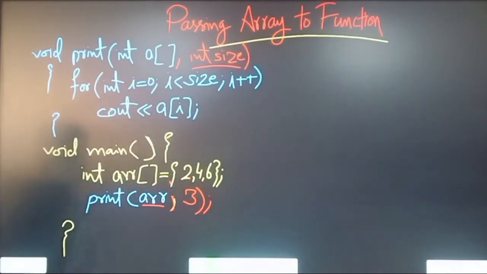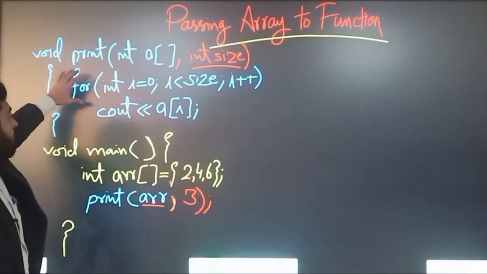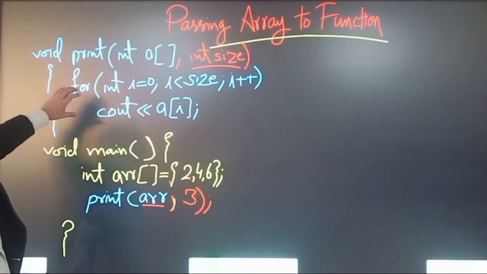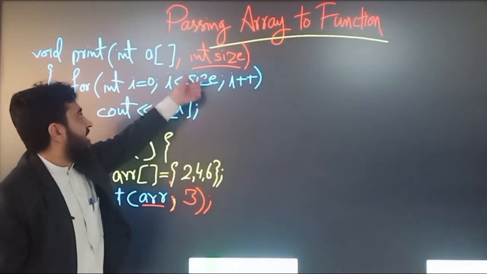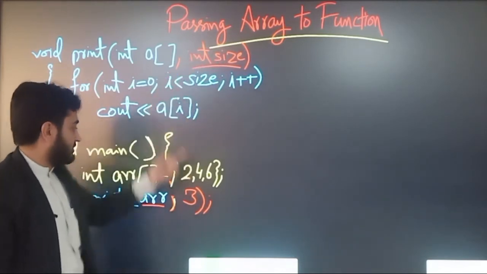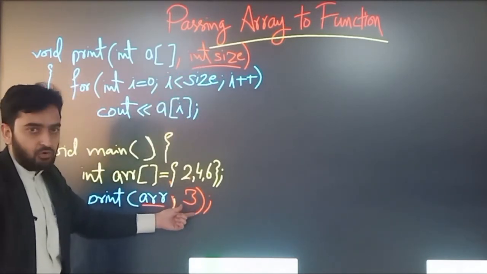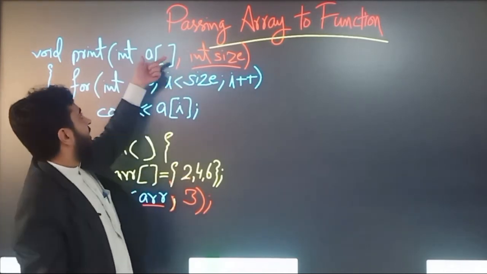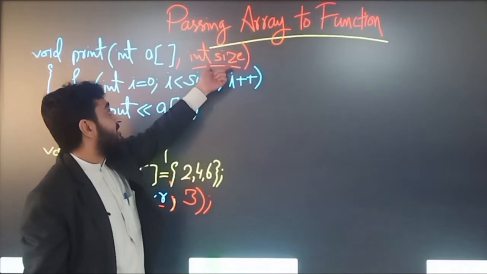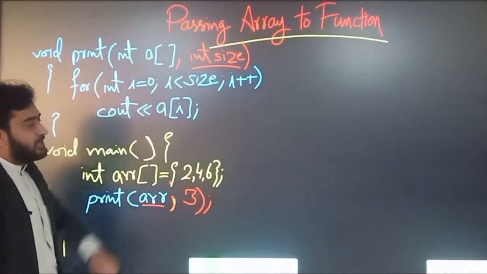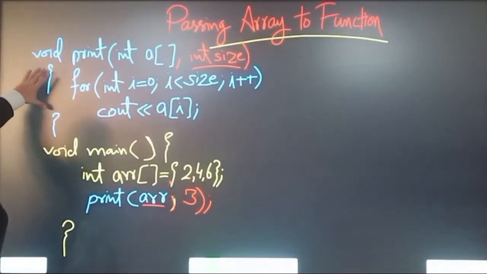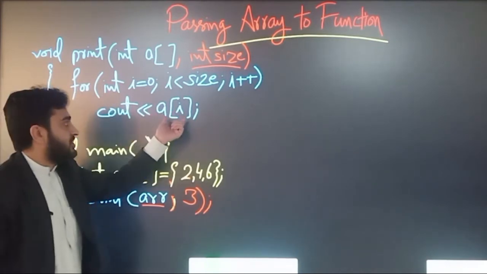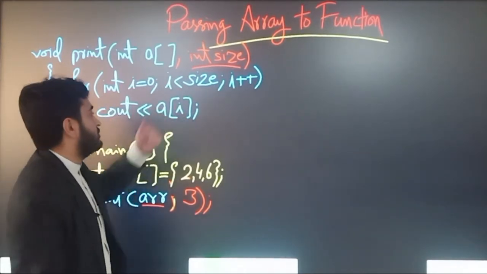Okay, so this is how we can control our loop, where we can mention the size from the size parameter, which has been controlled by the argument passing from the main function. So we have the address of the array, we have the size of the array, and then we can easily control our loop inside this user-defined function and can access each and every element of the array.